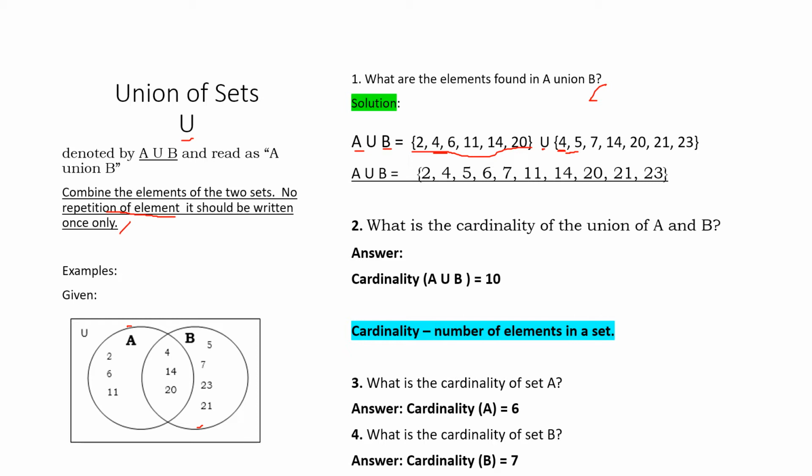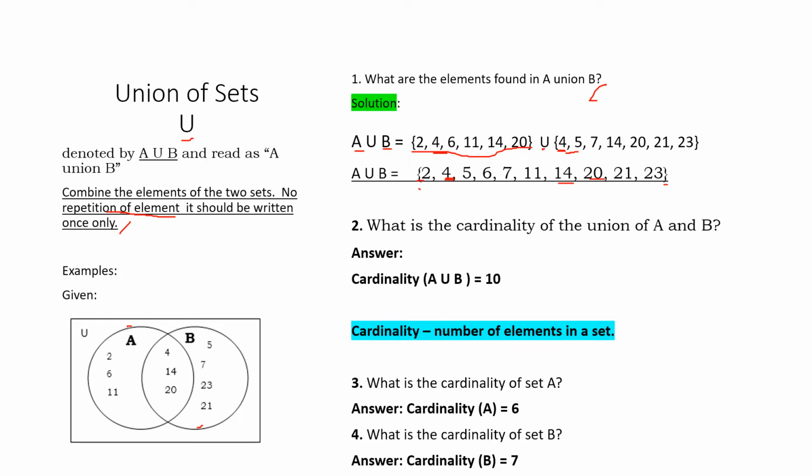Although may 4 dito sa set A at may 4 dito sa set B, pag pinagsama mo yan, dapat isang beses mo lang isusulat si 4, si 14, and si 20. Okay? That is how to solve union of sets. I'll repeat. Union of set, combine all the elements. Pagsasamahin mo lang yung elements. Then, enclose mo by brackets. Ito yung brackets natin. And ito yung sa dulo.